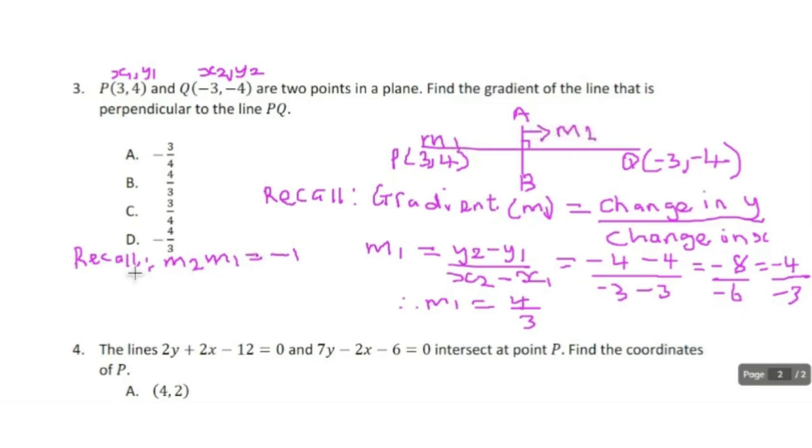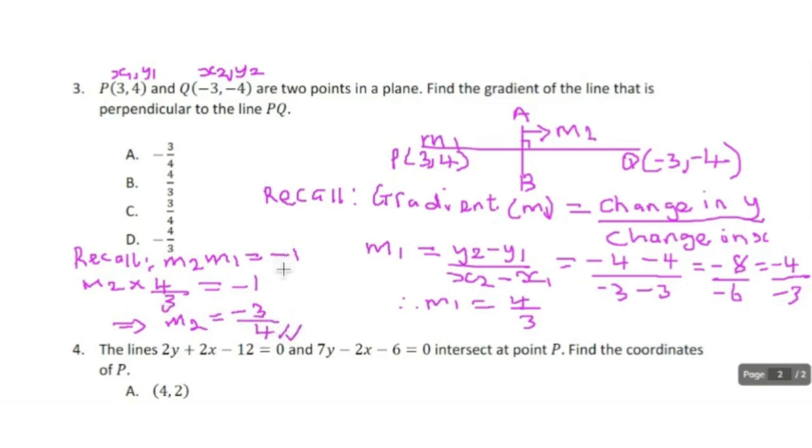So we just substitute there M2 times M1, 4/3, equals -1. So we cross multiply this and we arrive at the final solution that M2 should be -3/4.